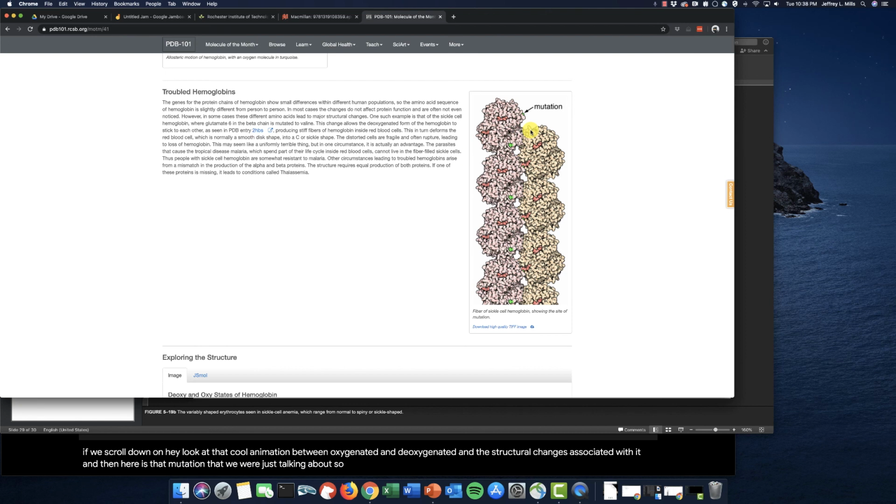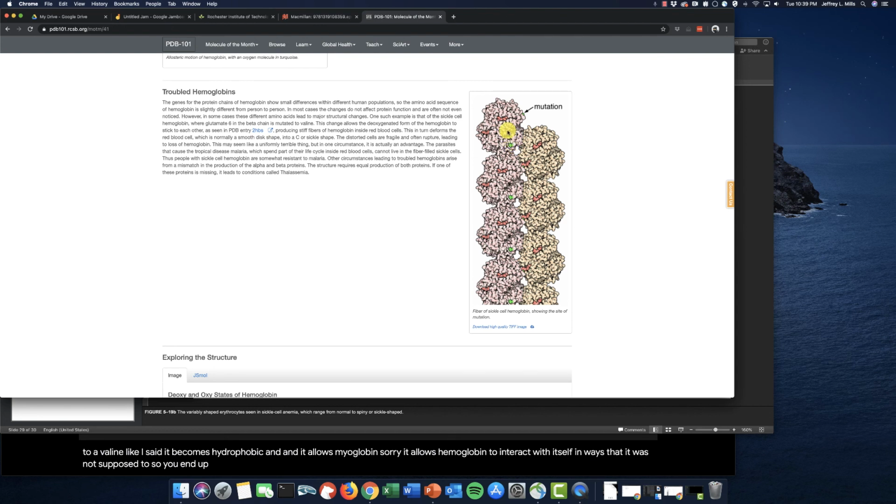So this is glutamate number 6, or glutamic acid number 6, and if it's changed to a valine, like I said, it becomes hydrophobic, and it allows hemoglobin to interact with itself in ways that it was not supposed to.